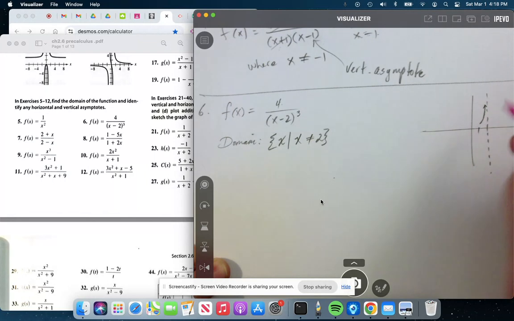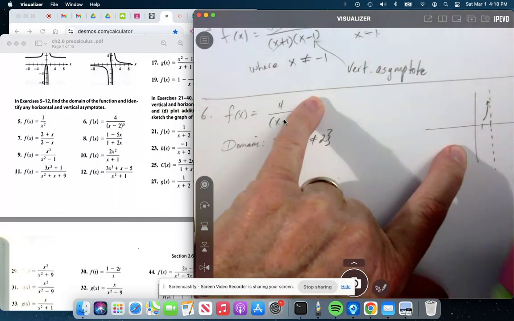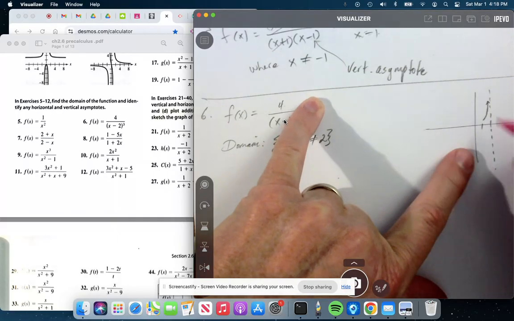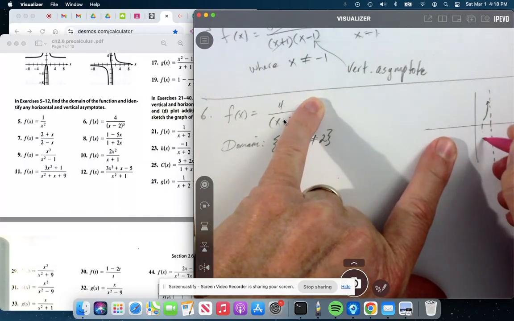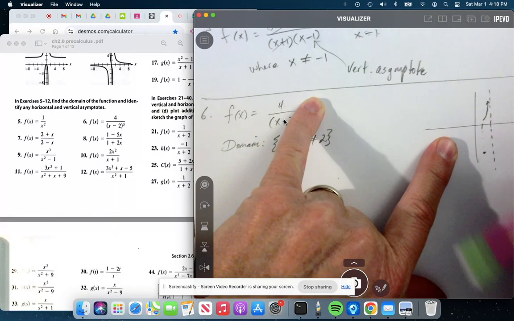Now at 1, I could probably figure this out. What's 1 minus 2? 1 minus 2 is negative 1, and negative 1 cubed is negative 1, and 4 over negative 1 is what? Negative 4. So at 1, I'm at negative 4. So at 1, I'm way down here. 1, 2, 3, 4, negative 4.